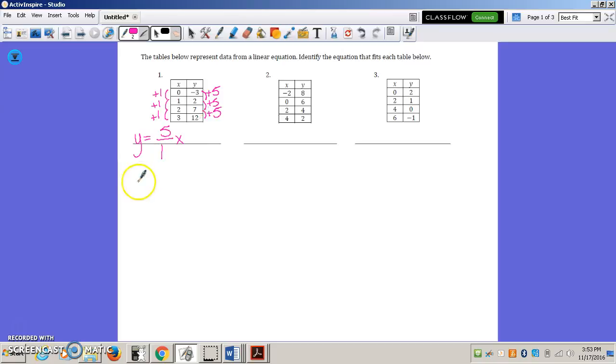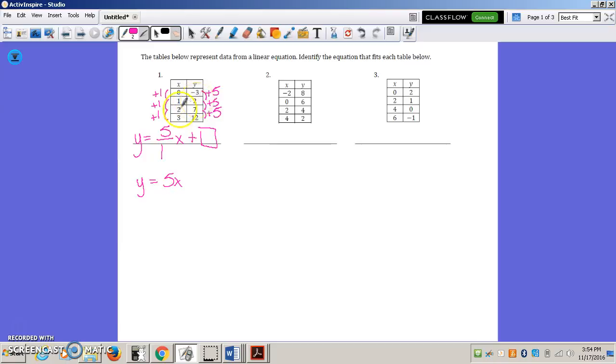First, I'm going to simplify y equals 5 over 1x down to just 5x. Now we know we're going to have something here, and our last goal is to figure that out. Well, if I take 5 and multiply by x, for example, if I take 1 multiplied by 5, I get 5. So I need to add or subtract something in this case. It looks like I might need to subtract 3.